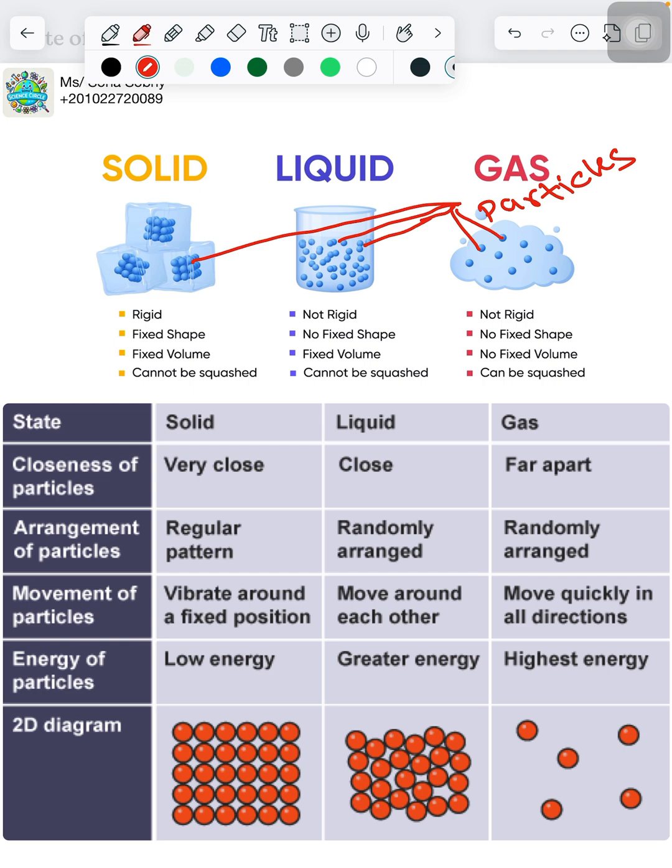Solids have a fixed shape and a fixed volume. What does it mean by volume? Volume means the space it takes.